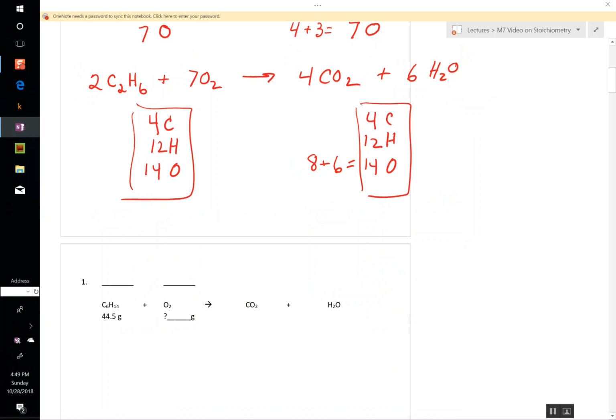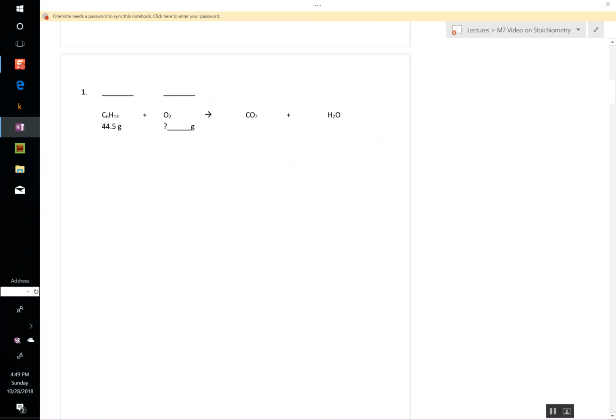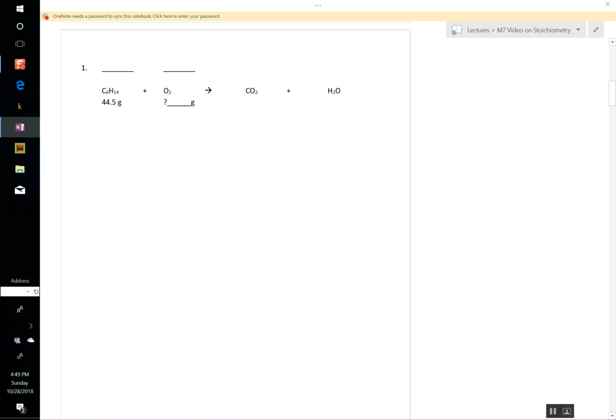Okay, I'm not going to do every one of these, but why don't you just pause the video for a second, or a minute, and balance this equation. C6H14 plus oxygen yields CO2 plus water.